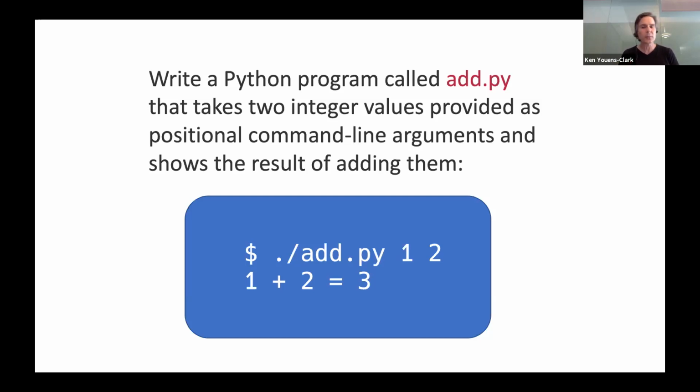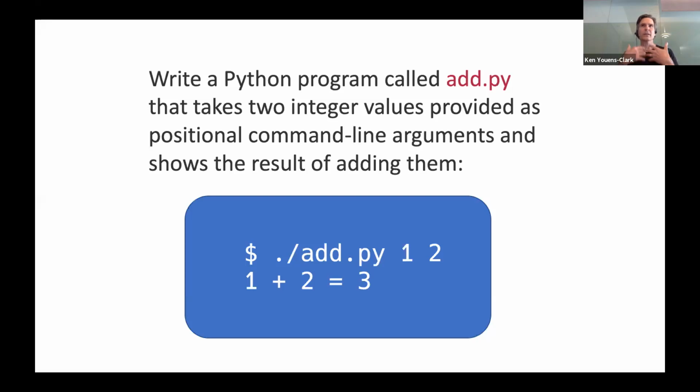So if they're not properly converted to integer values, then we could end up printing 1 + 2 = 12 because the plus sign is both an integer addition and string concatenation. So there's a lot of things to actually work in and to understand in even such a very simple program.